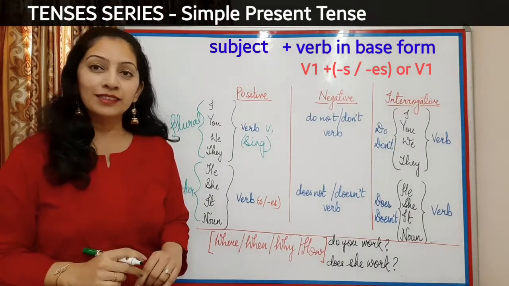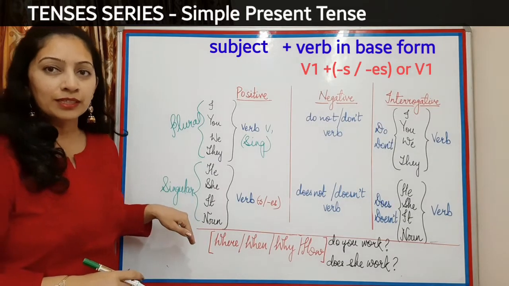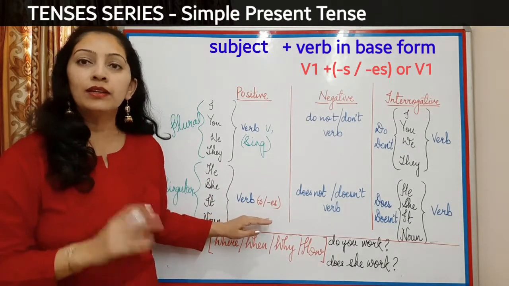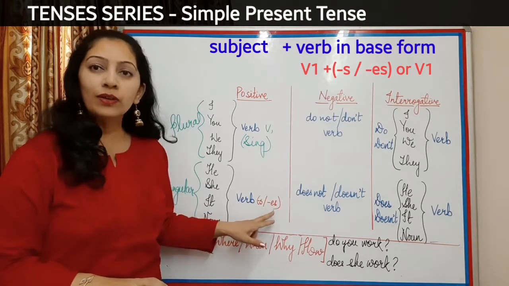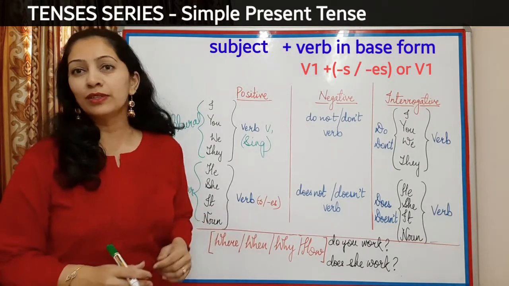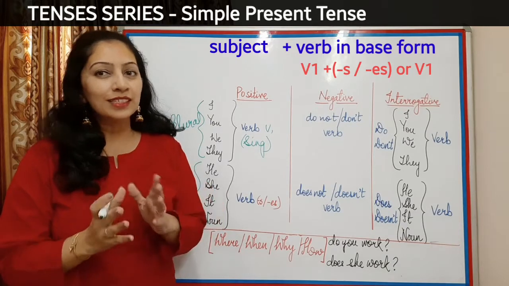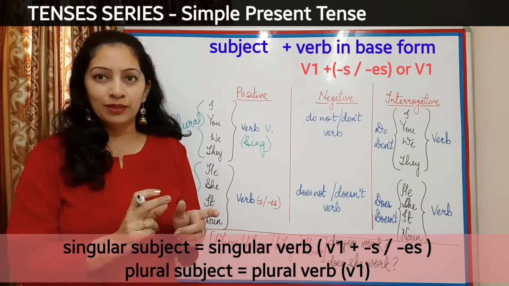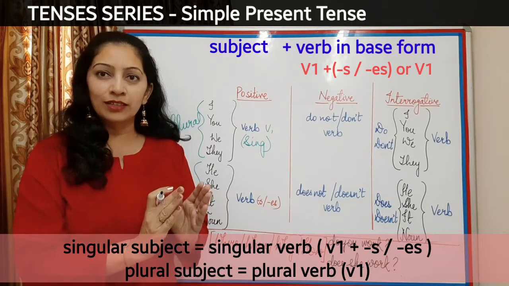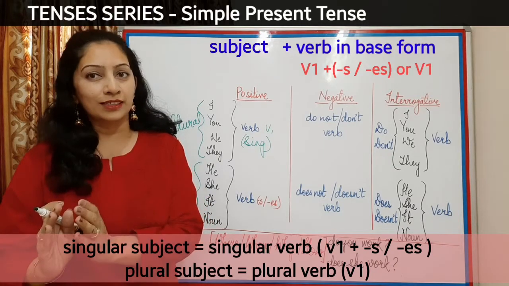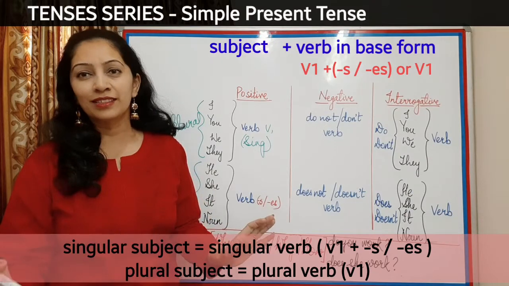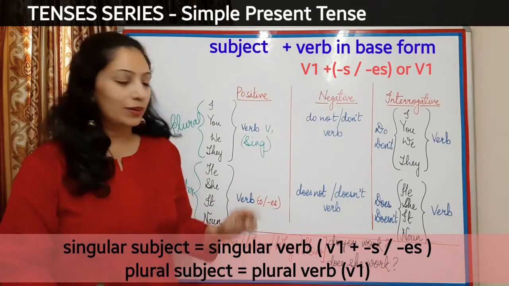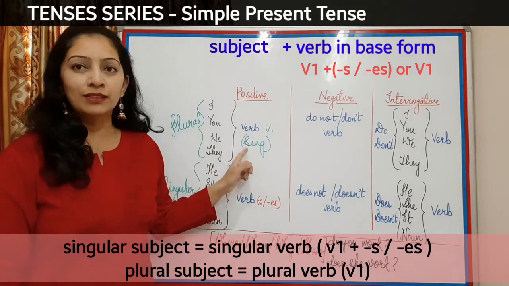And the rule says that if you have singular subjects, you will have singular verb, which means that verb will have an S or ES depending on the spelling of the verb. So it's very easy to connect the subject and the verb. Subject singular, verb with S. Subject plural, verb without S. No change at all.